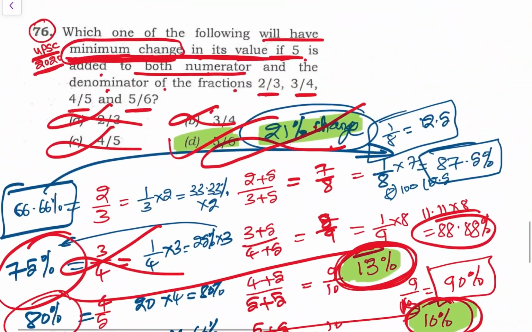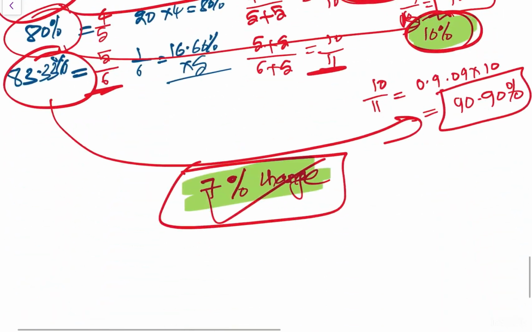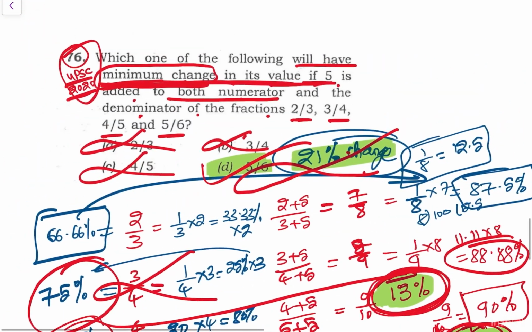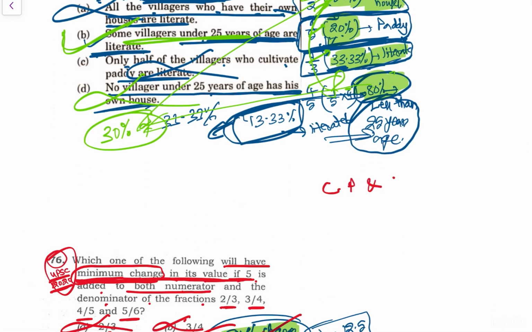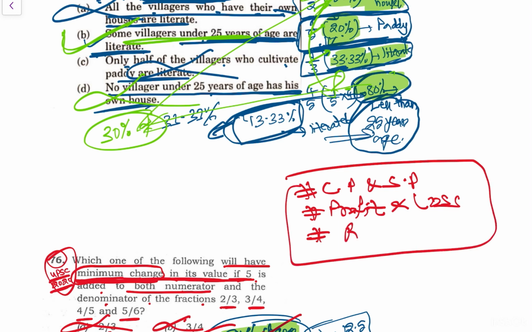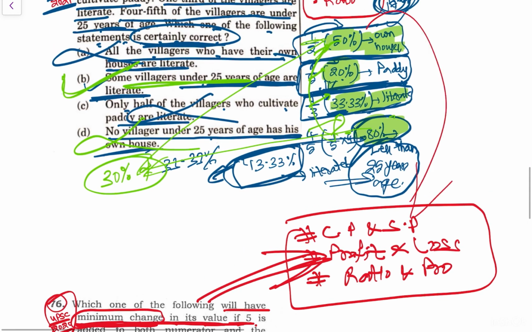Again, these are two questions asked in UPSC based on fraction and percentage, but in CP and SP, profit and loss, and other topics related to ratio and proportion, we are going to use this concept of fraction and percentage. So we will discuss fraction and percentage again in these topics also.